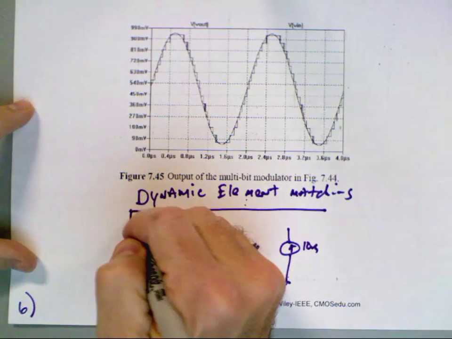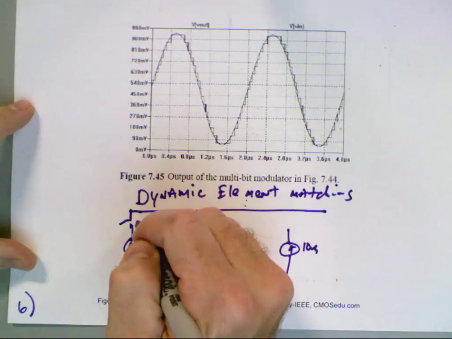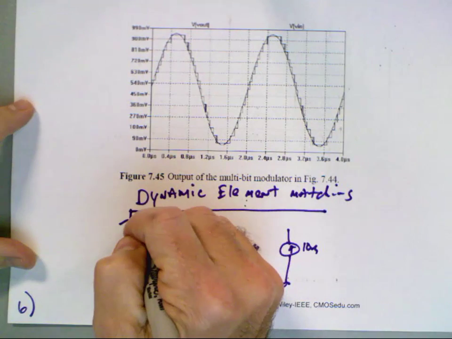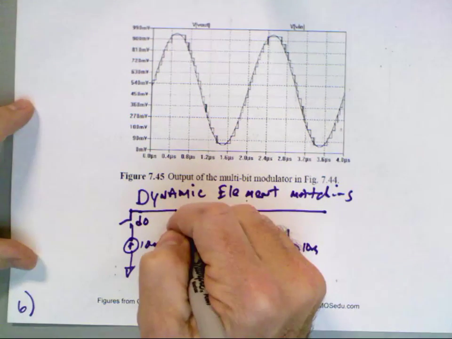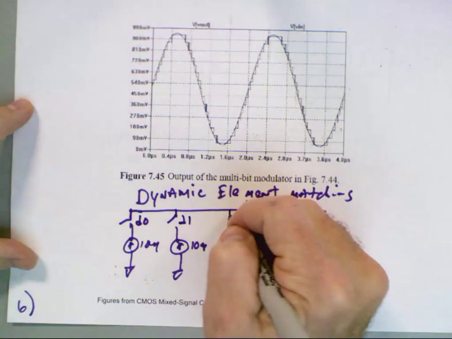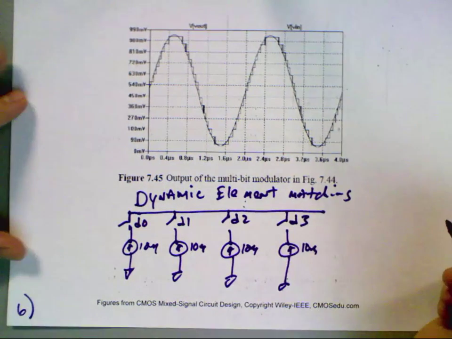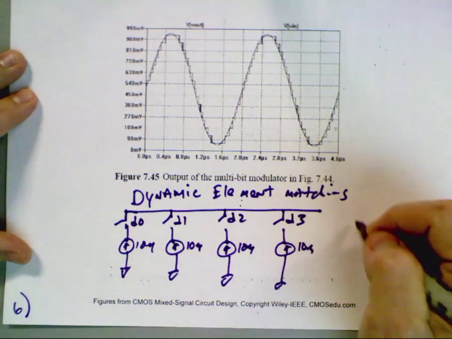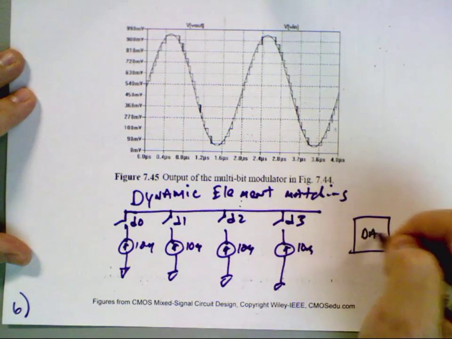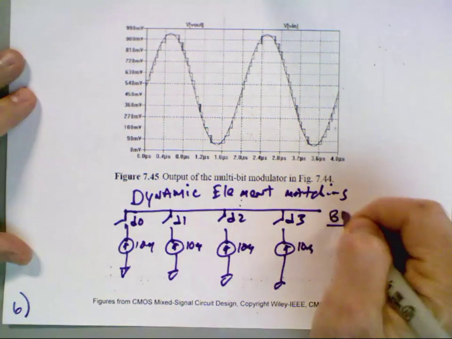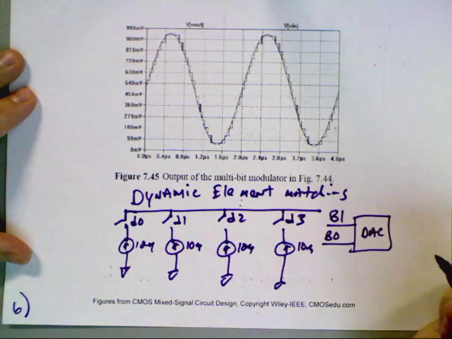And then I've got switches that go down, and we'll call these D0, D1, D2, D3. Okay, so my DAC is 2 bits. There's a B1 and a B0.